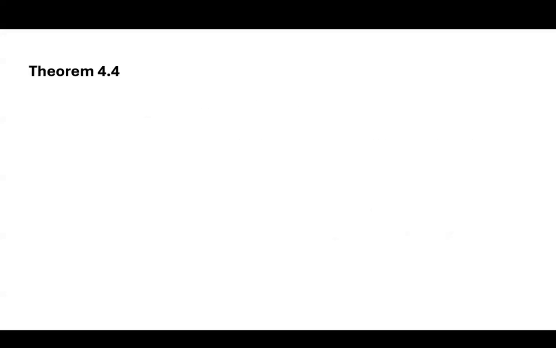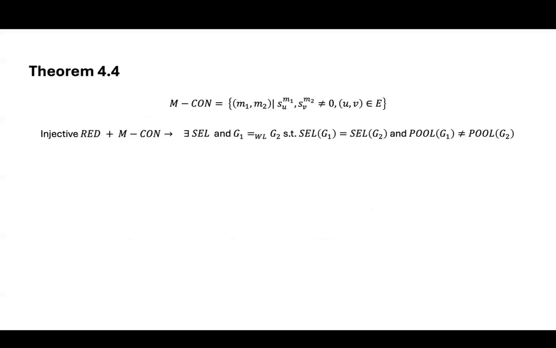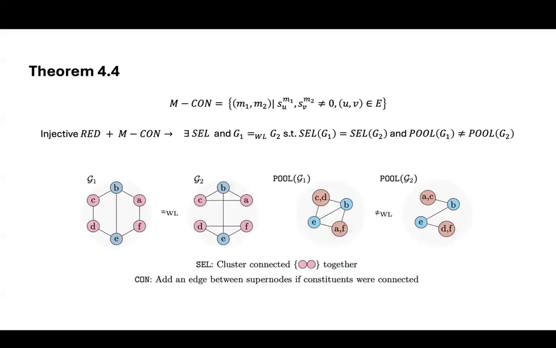In particular, if you consider a connect function that connects together supernodes if and only if they contain nodes that were connected in the original graph, and an injective reduce function, then there exists a select function and two graphs that are not distinguishable by the Weisfeiler-Lehman test, such that the select function applied on the two graphs is equal, but the pooled graphs are Weisfeiler-Lehman distinguishable.